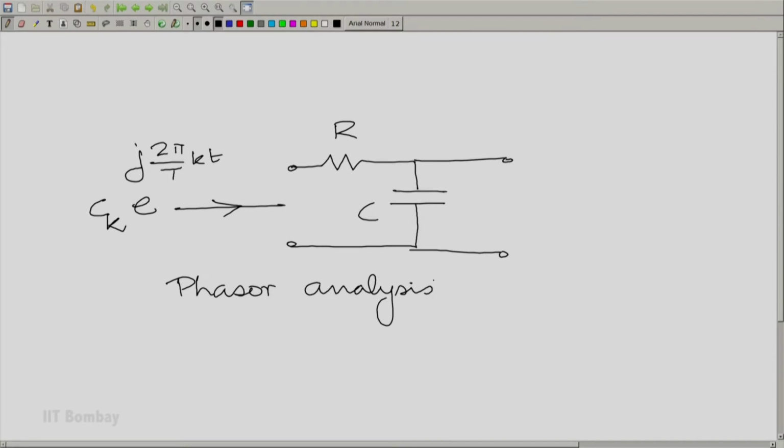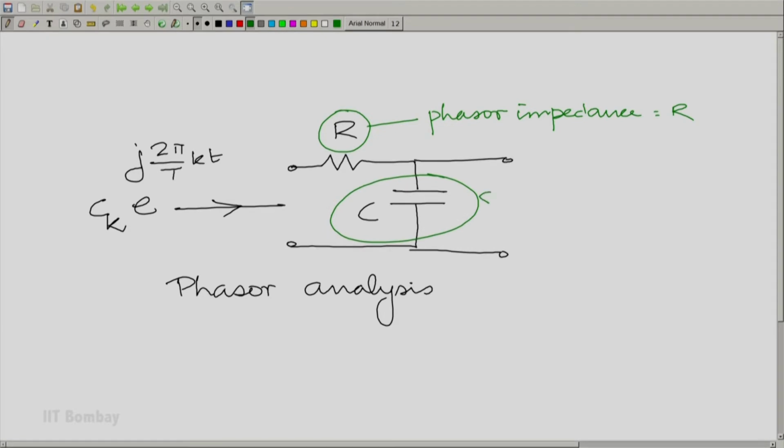So, we know that each of these elements can be replaced by their phasor impedances. For example, the phasor impedance of this is equal to R, independent of frequency. The phasor impedance of this is equal to 1 by jC times the angular frequency, and the angular frequency is 2 pi by T times k.